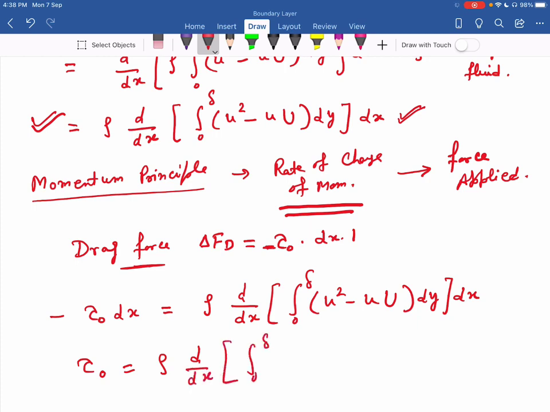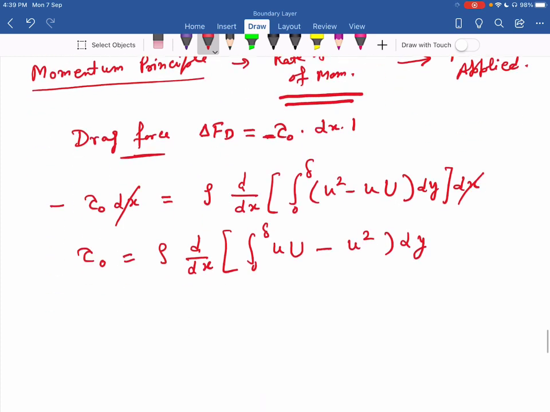So tau O is rho d by dx of integral 0 to delta. Now reverse these two terms, so I can write small u into capital U minus u square into dy. Dx cancels on both sides. Further I can write tau O equal to rho d by dx of integral 0 to delta.